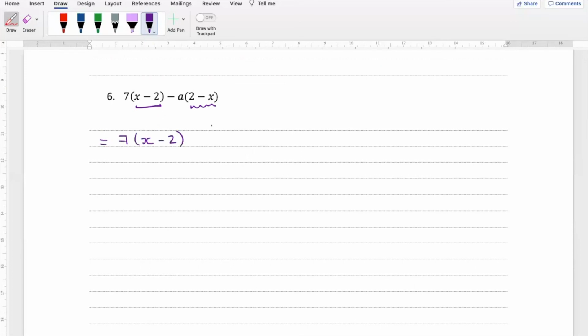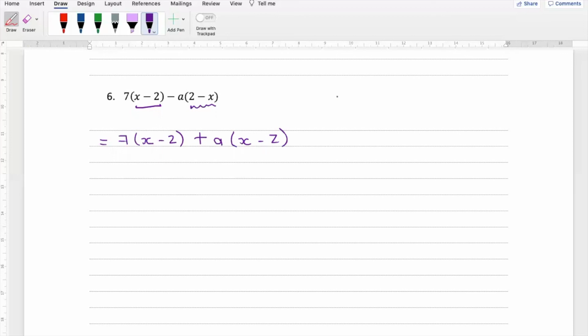I'm going to leave this first one as it is. And now what I want is to be able to write x minus 2, meaning that I've changed this sign from negative to positive and this sign from positive to negative. But if I want to change the signs inside the brackets, I have to change the sign outside the bracket as well. So here we have negative a, so now I'm going to write positive a.